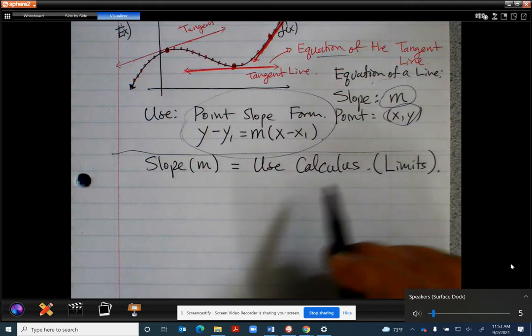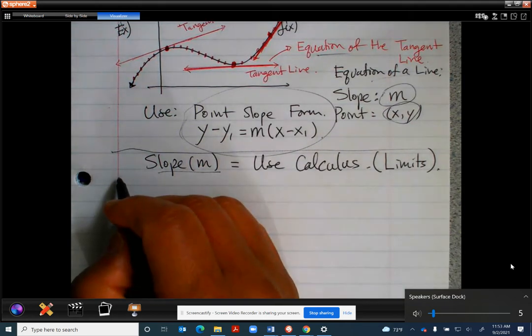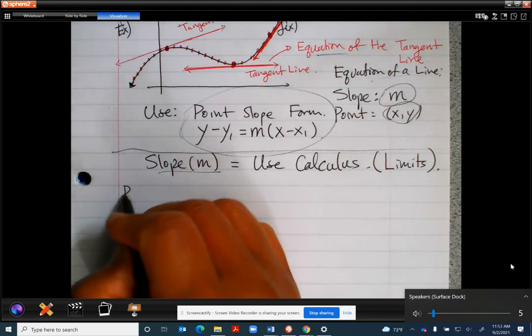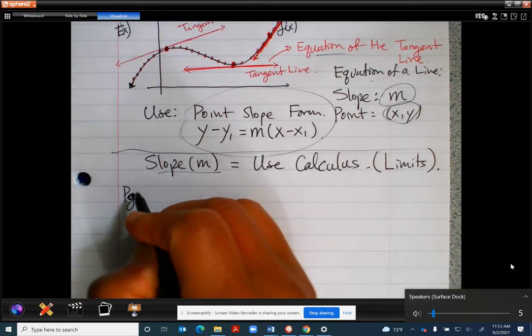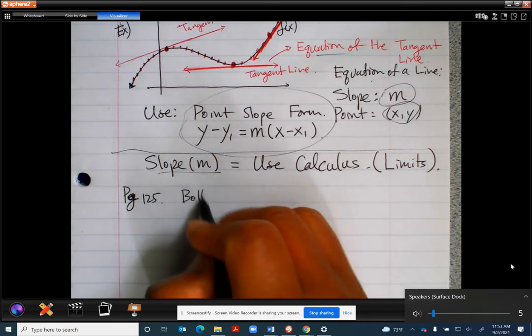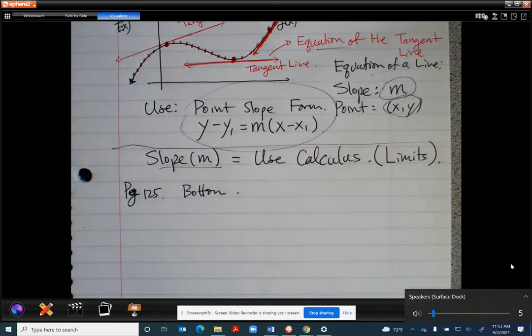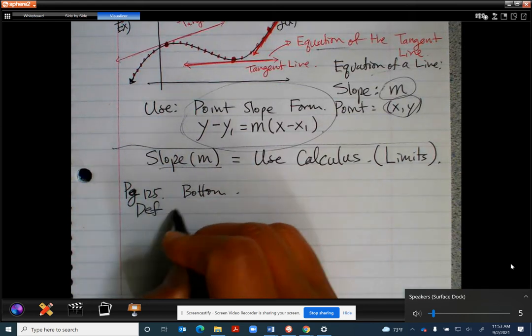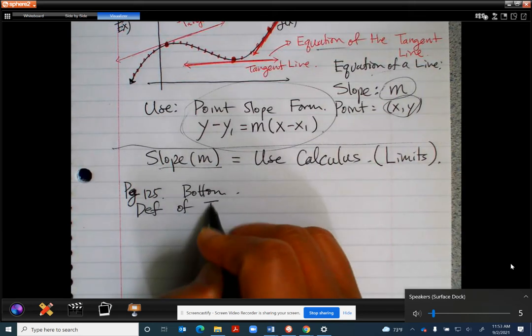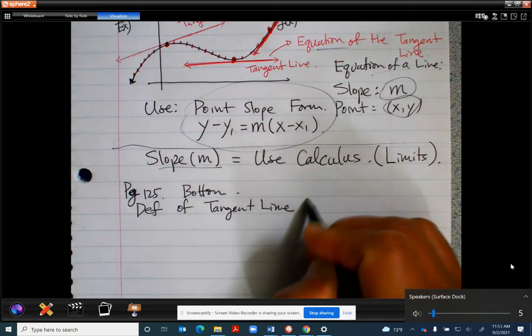So to find the slope, there is a definition. This is on page 125 at the bottom. Okay, it says definition of tangent line with slope of m.